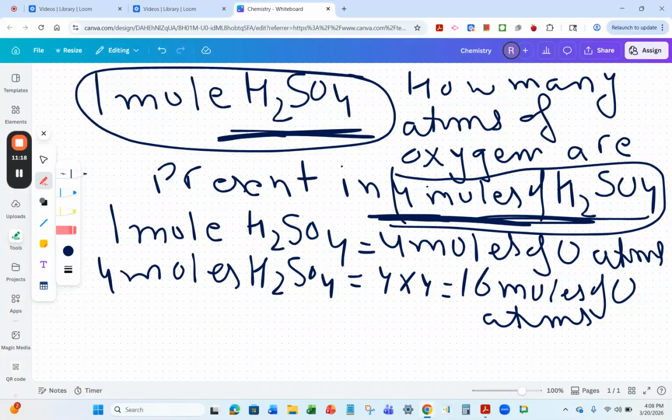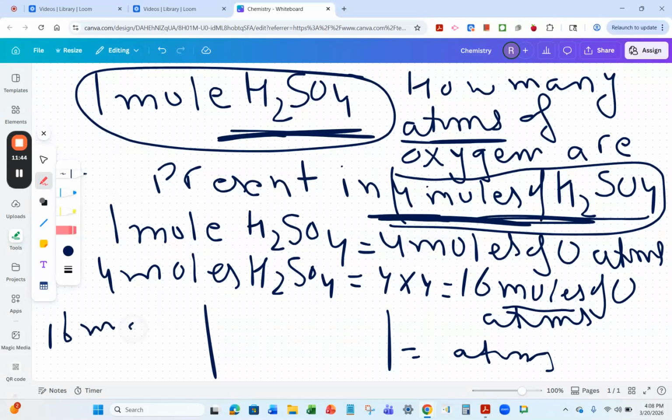Pay attention, my question is how many atoms? So it means you have to convert these moles of atoms into actual atoms. Same concept. You want to find the atoms here. So what is given to you? 16 moles of oxygen.